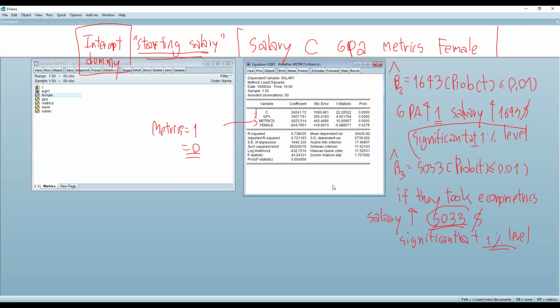You get the same. Okay, you know how to interpret it accordingly.